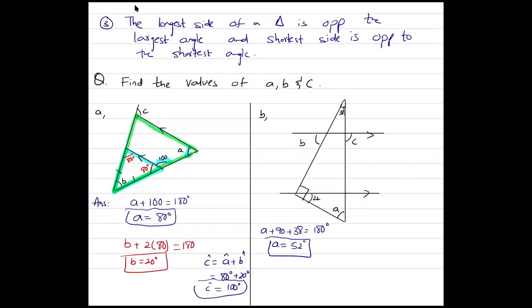Now once you have angle A, here we have to find angle B. For angle B, you will see that an alternate angle is formed here. So angle B is equal to the angle which is this.